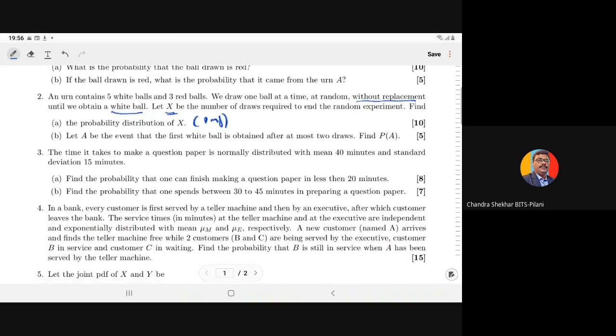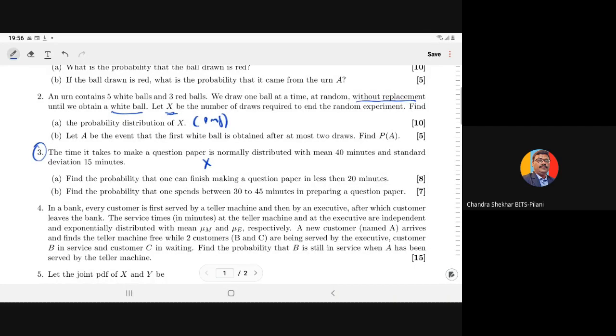Now in the third question, the time it takes to make a question paper is normally distributed. So x is a normal random variable. It denotes the time it takes to make a question paper with mean 40 minutes and standard deviation 15 minutes.